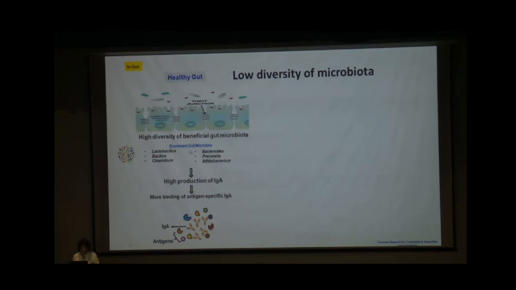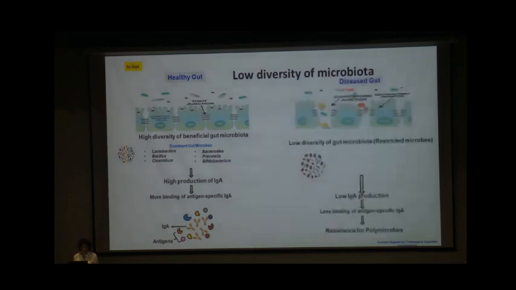All these bacteria start inducing intestinal IgA secretion, and these microbes bind as antigens. The beneficial bacteria and the detrimental bacteria both bind with the IgA, and it is not harming our healthy gut. However, when there is a compromised junction and microbes come inside, it creates low diversity of the gut microbiota.